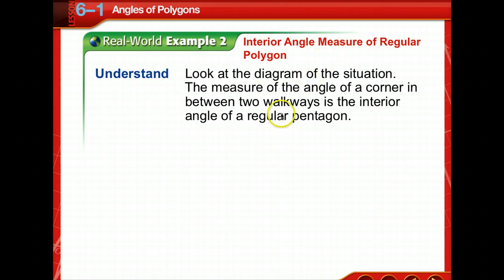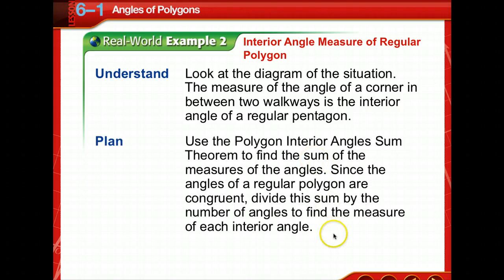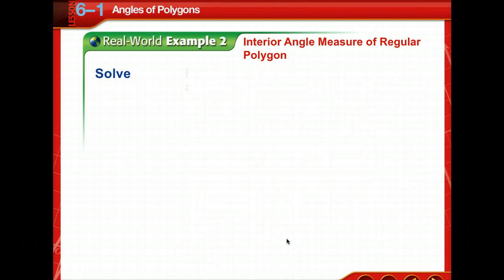So as we study the diagram, the measure of the angle of a corner in between 2 walkways is the interior angle of a regular pentagon. So we're going to use the polygon interior angle sum theorem to find the sum of the measures of the angles. Since the angles of a regular polygon are congruent, divide this sum by the number of angles to find the measure of each interior angle. What does that look like?